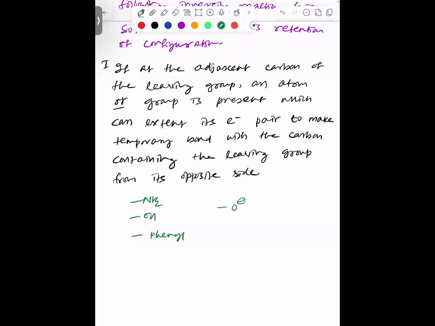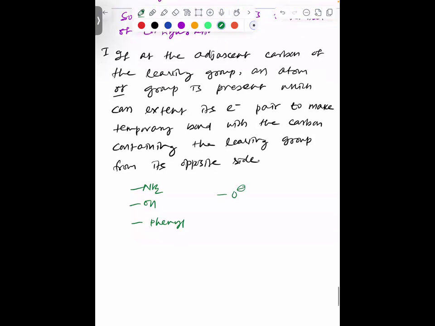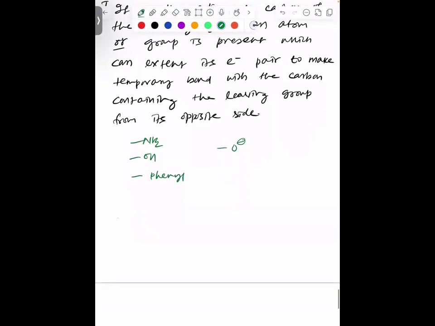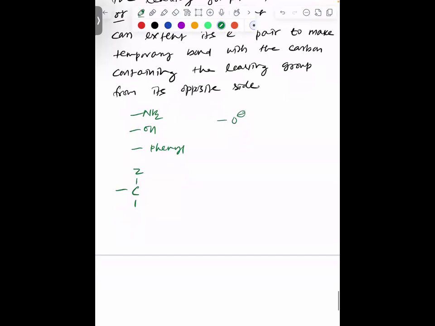After this, in the example, this is Z. Z is the neighboring group.